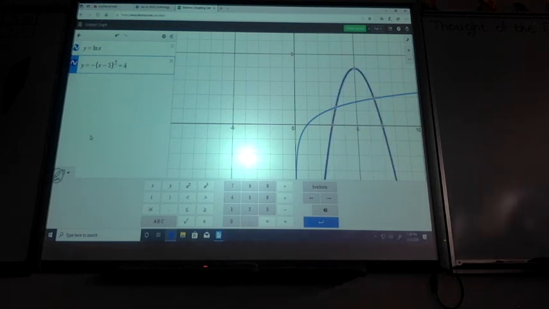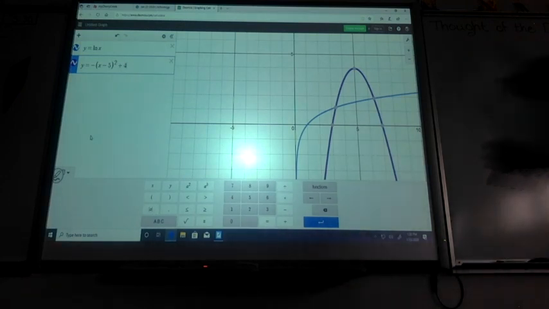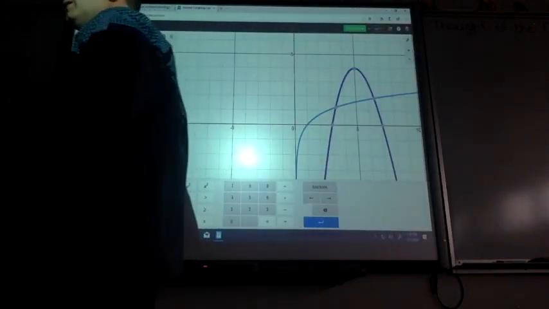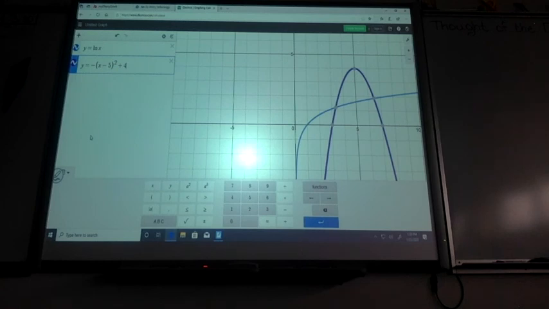Okay, so tricky question here. Why is it tricky? What letter am I solving for? X. Even though I use Desmos to do y equals, I only want x for an answer.